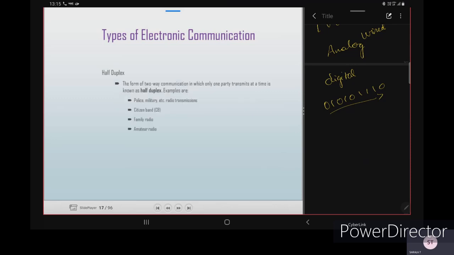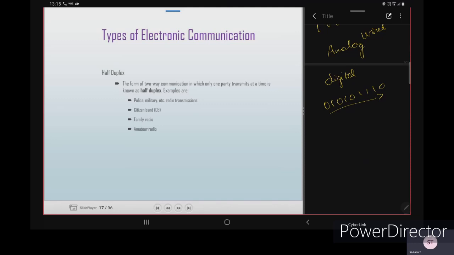In half duplex, the form of two-way communication in which only one party transmits at a time is known as half duplex. For example, police and military radio transmissions. In the military, you have radio transmitters and RF frequency receivers and transmitters. At that time, only one person gives the information at a time.